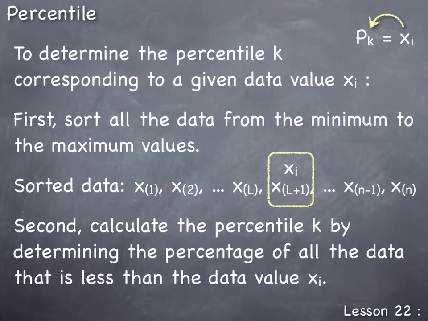To calculate the percentage of the data that is less than, we need to count the frequency of data values that are less than that value. So the data value x sub l plus 1 in the sorted list has l data values less than it. Then we can turn that frequency into a percentage by dividing by the total and then multiplying by 100.